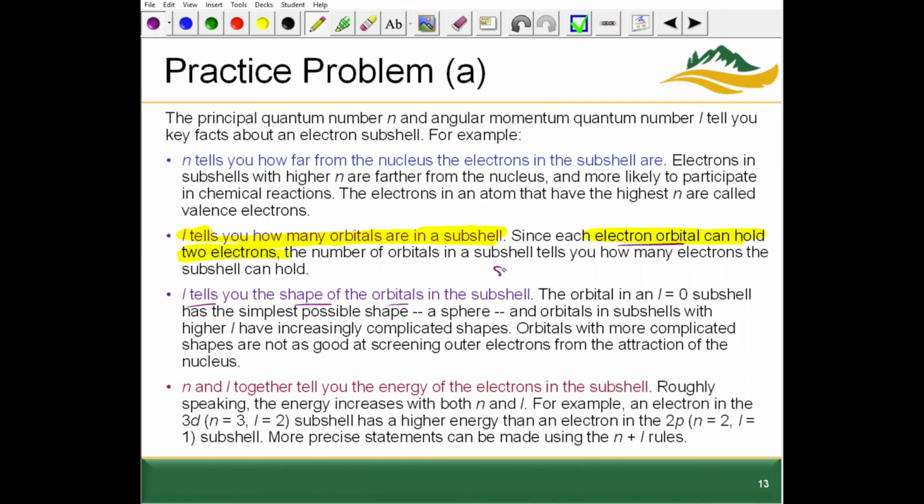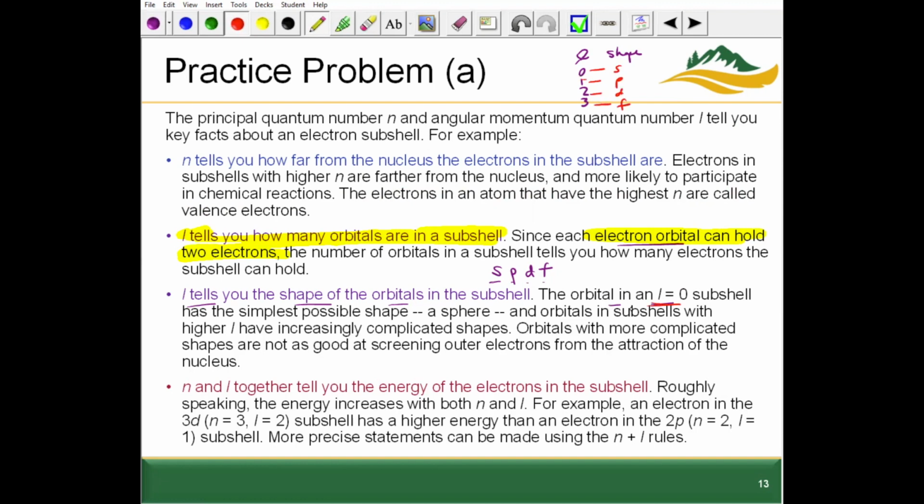So we saw s, p, d, and f all have pretty different kinds of shapes, s being the simplest with just a spherical shape. So the orbital in l equals 0, remember we're going to say l is equal to 0, 1, 2, 3. Shapes then s, p, d, and f.